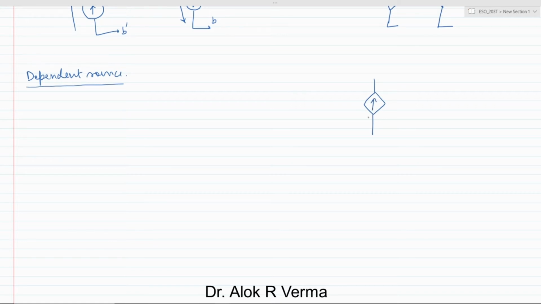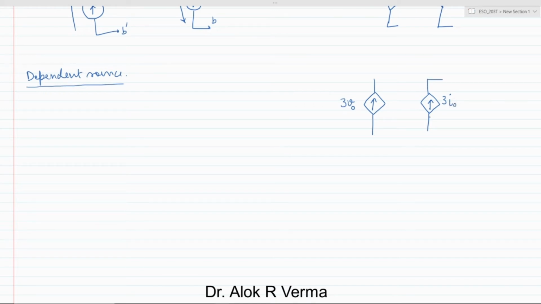So this basically represents a current source. If the amount of current source is 3 V naught, then consider one more circuit. It's again a current source. What type? Dependent, correct? And the magnitude of the current which is flowing is 3 I naught.